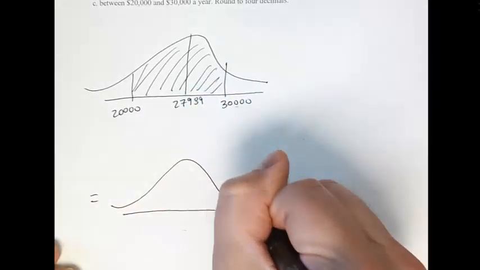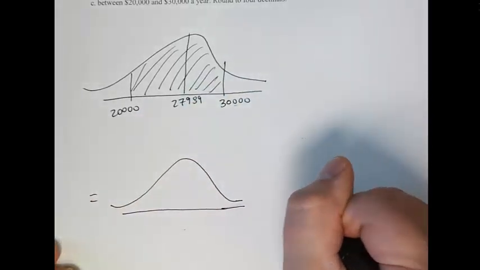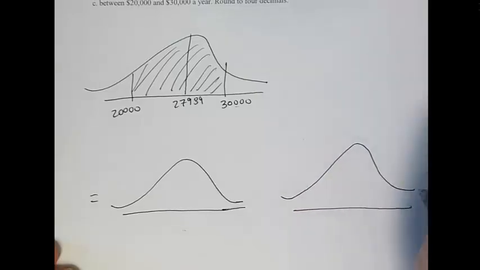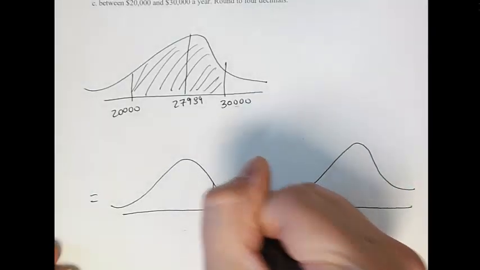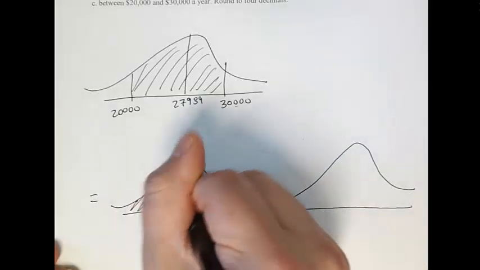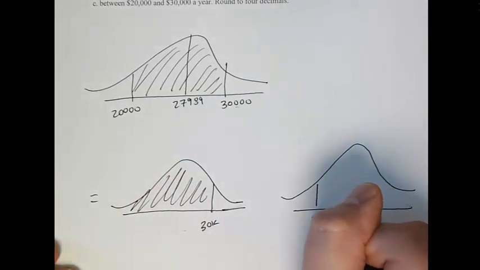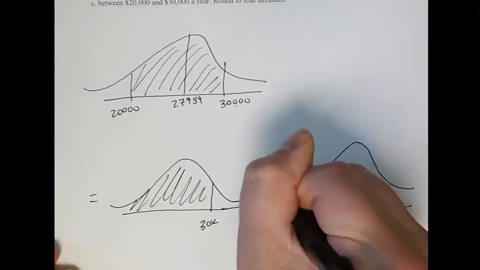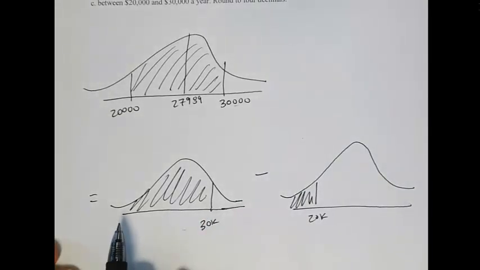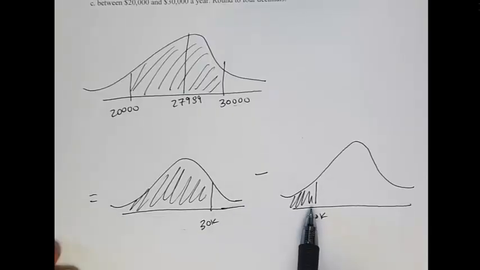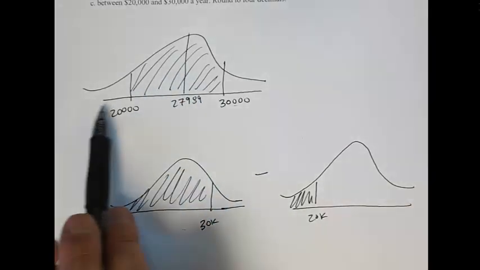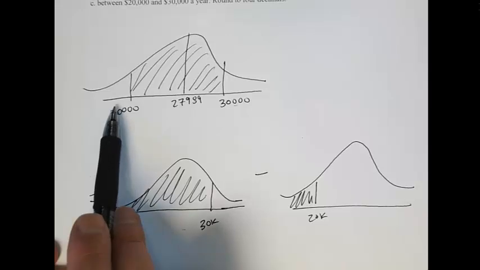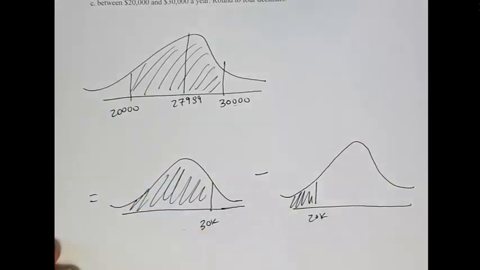A big probability minus a little probability will yield a middle probability. The area to the left of 30,000, take away the area to the left of 20,000 gives this middle area, because that's everything to the left of 30,000 is that. Then I just take that out, and I can calculate.